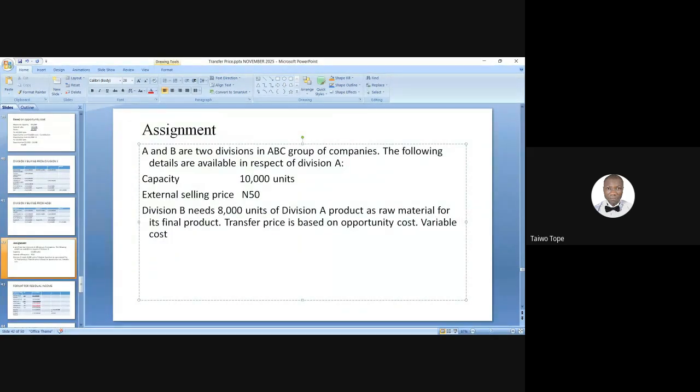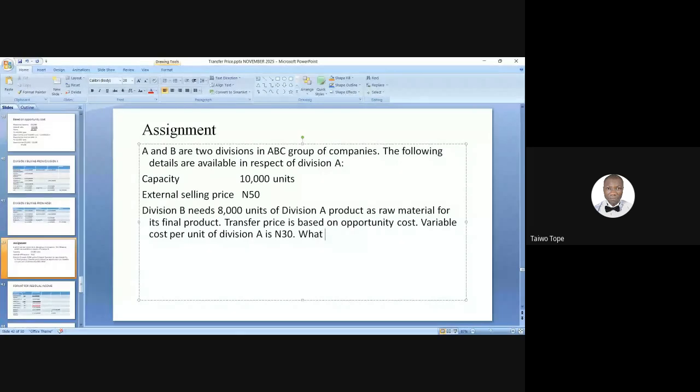Variable costs per unit of division A is 13 naira.